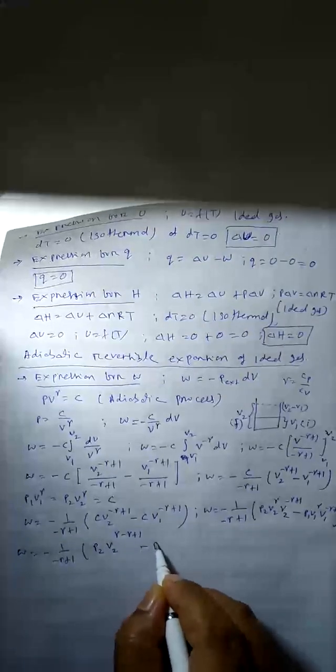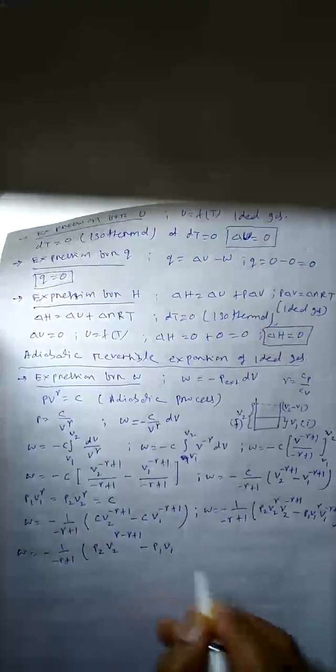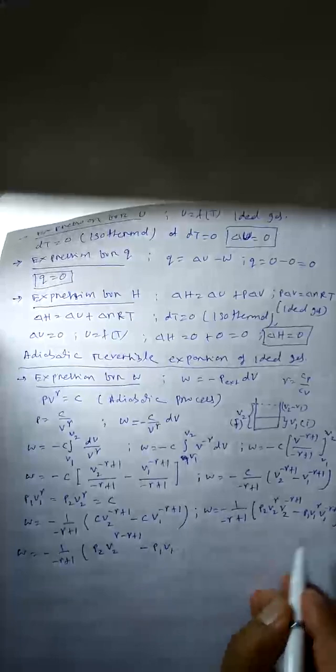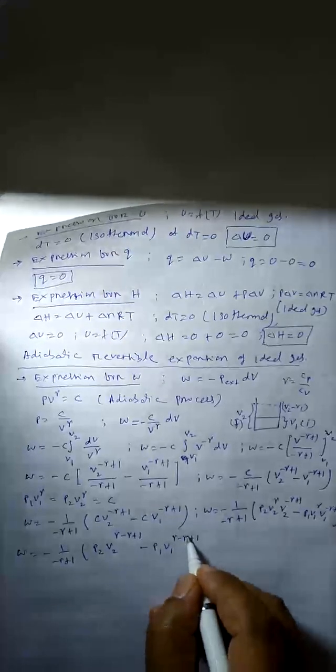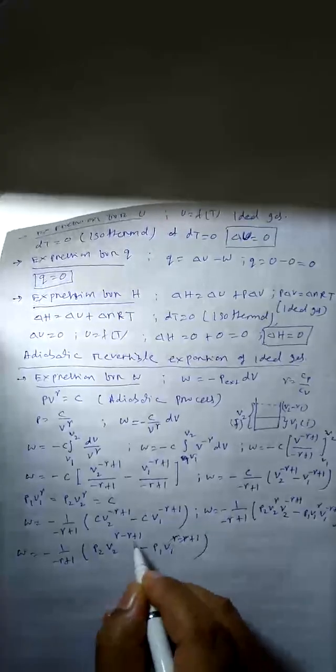Similarly, in this case base is same, P1 V1, V1 base is same, gamma minus gamma plus 1, plus gamma minus gamma cancel, that means gamma cancel, we get what?